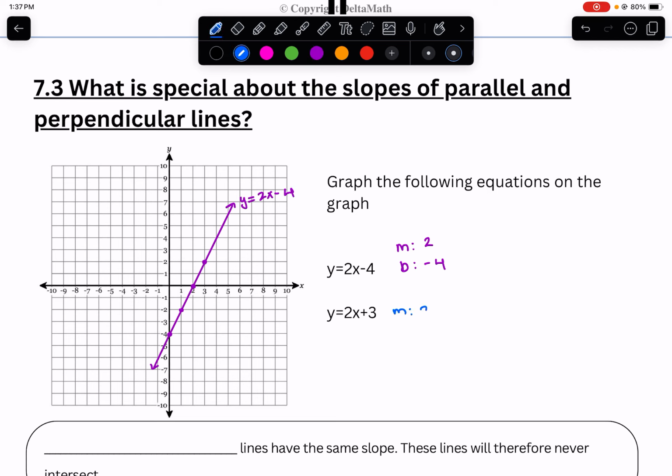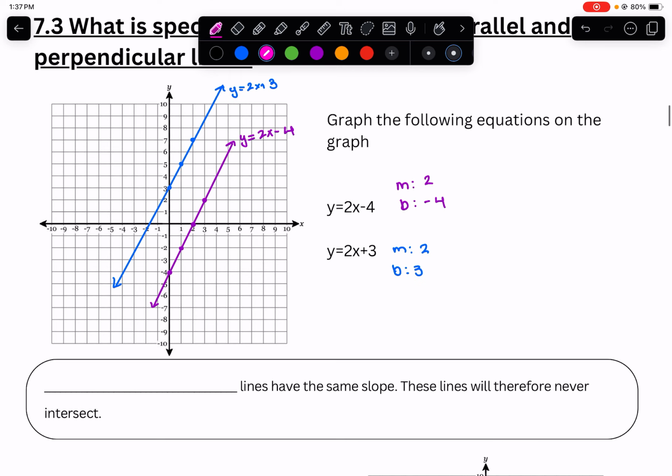Again, my slope is 2. My y-intercept in this case is 3. So I start at 3. I'm going up 2 over 1, up 2 over 1. And now I connect to form my lines. Y is equal to 2x plus 3.